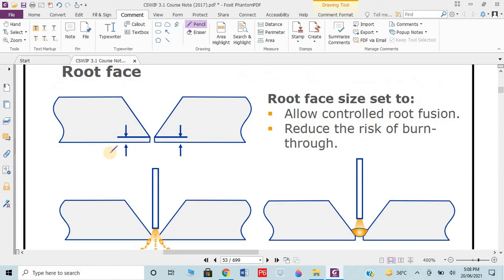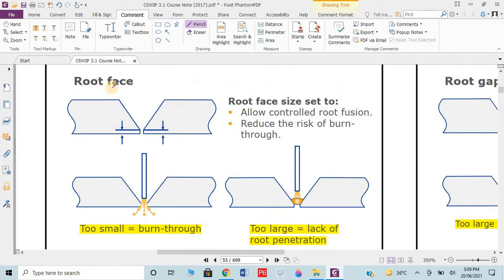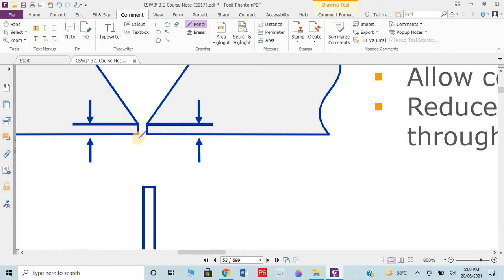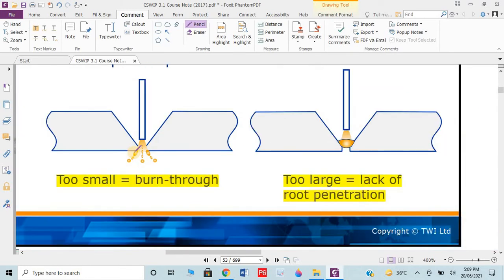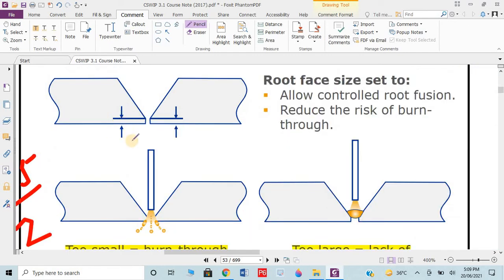Alright, you can see here, this is a very interesting point. Root face. You remember I mentioned the vertical distance is the root face. Now there is a specific range for every kind of joint with its angle, for how much root face is allowed. If the root face is small, like we need a root face of 5 mm but the actual root face is 2 mm, it means the vertical gap is small.